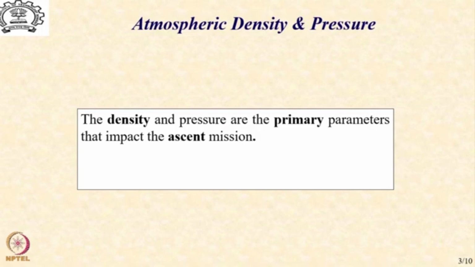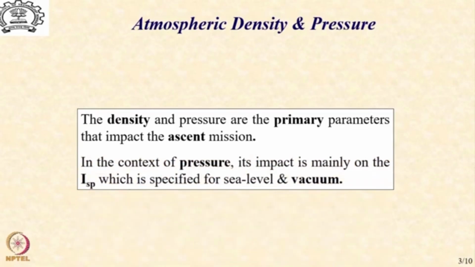As I have mentioned, density and pressure are the primary parameters which are going to impact the mission, and we have also seen that the pressure will directly impact the ISP. So let us focus more on the drag model. I have already mentioned that beyond 75 kilometer, we are not going to consider drag at all as a force for ascent mission calculations.